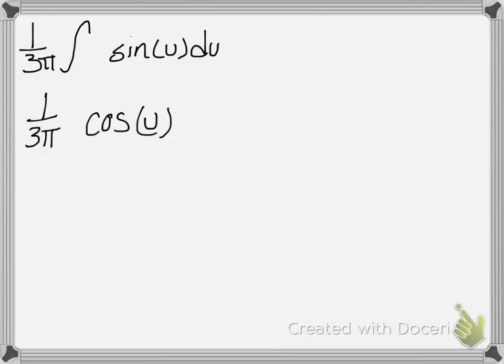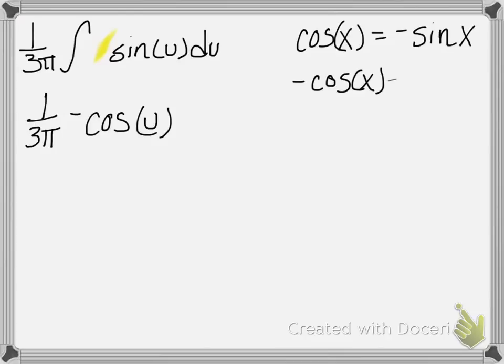We're doing the antiderivative, and so that's going to be a negative cosine, because the derivative of cosine x gives us negative sine x, and since we have a positive sine x, if we had negative cosine x, that would give us a negative sine x, which gives us what we have right here.